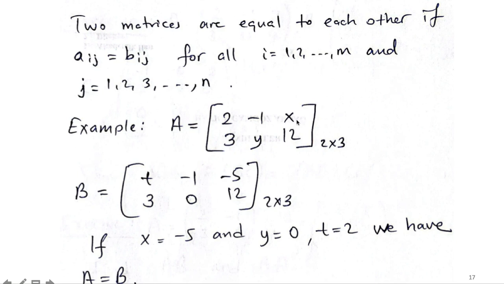So for example, x equals minus 5, y equals 0, and t equals 2, then we can say these two matrices are equal to each other.